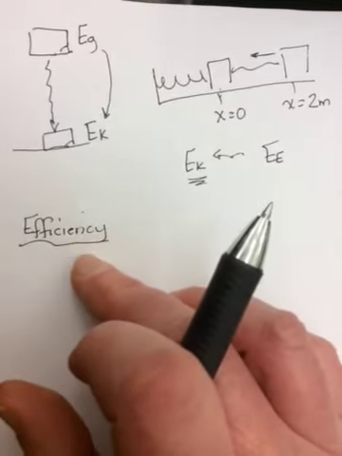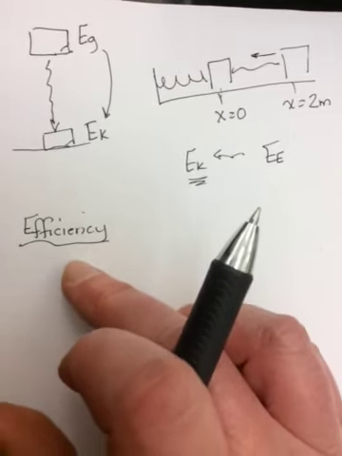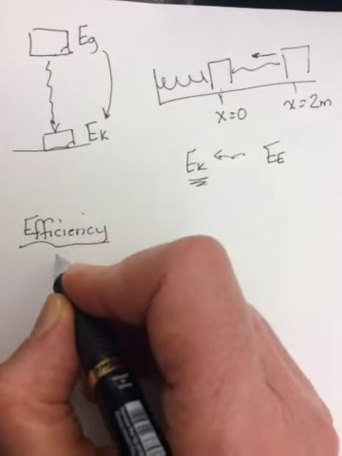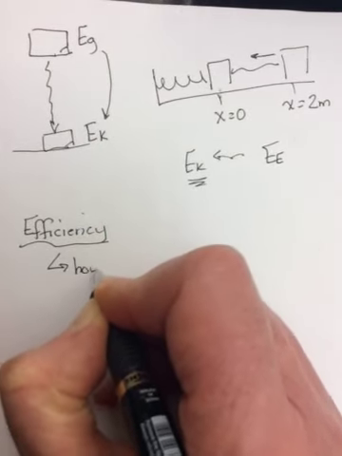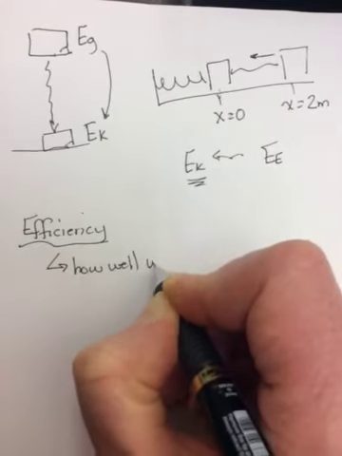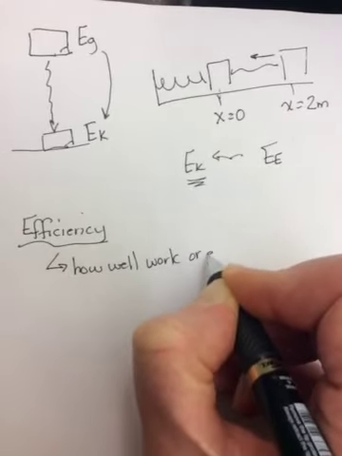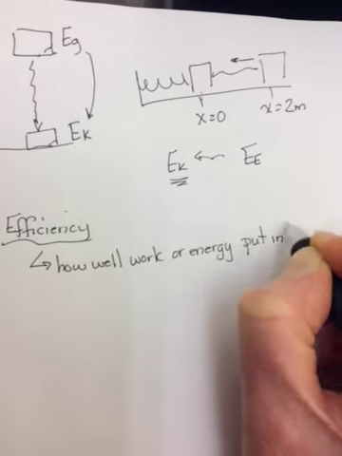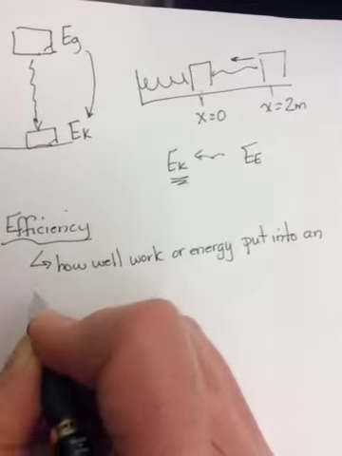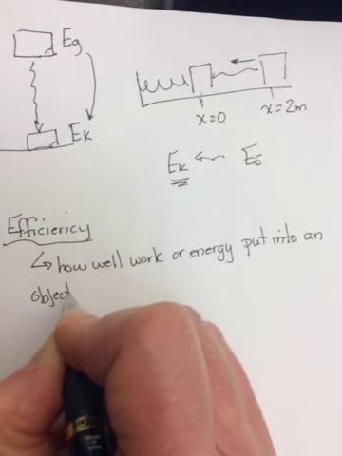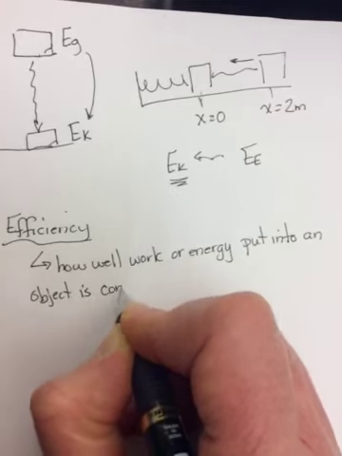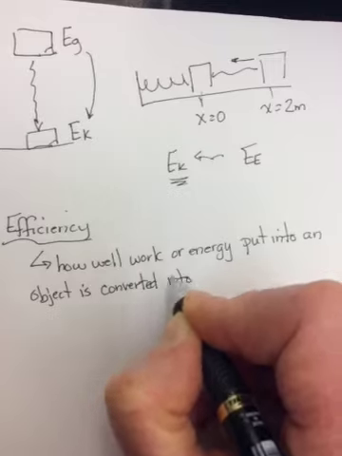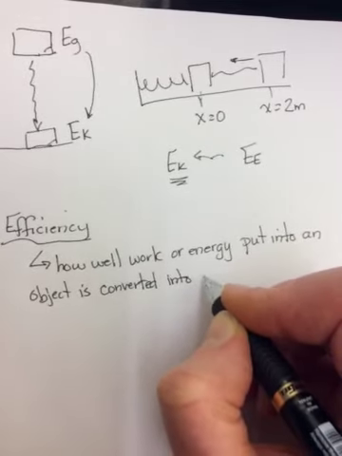Okay? So efficiency refers to how well the work or energy put into an object is converted into useful work or energy. Maybe "converted into" is more proper English.